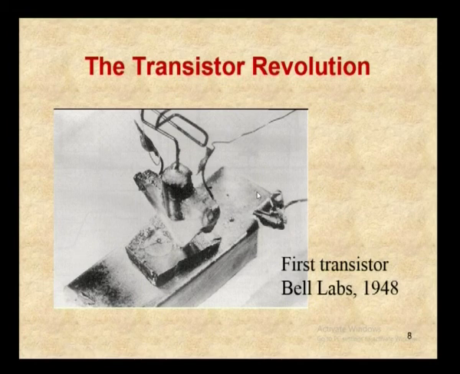Vacuum tubes had a lot of disadvantages: they needed higher voltages, higher power, and consumed more space. All these disadvantages were removed by using transistors. This transistor may look very big, but actually this was the first transistor, and at that time the technology was such that it looks big.